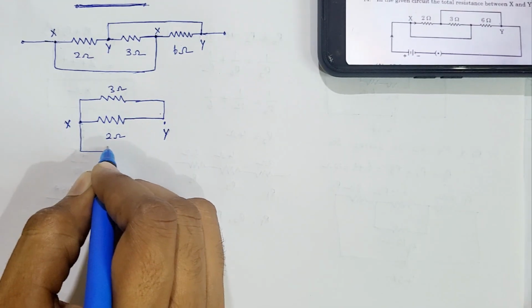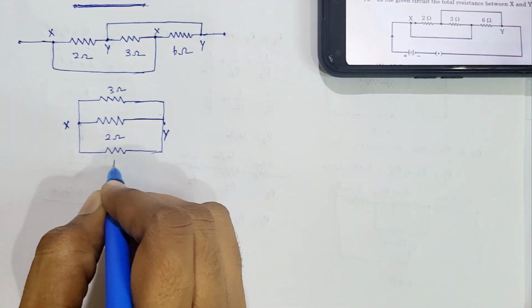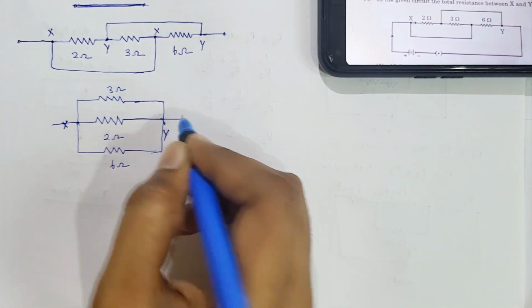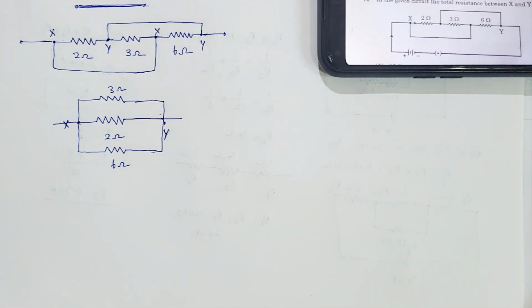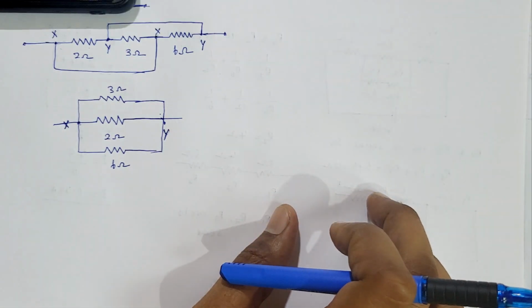Again from X to Y, 6 ohm is connected. This is X terminal and this is Y terminal. How are they connected? They all are connected in parallel. So now you know how to solve the parallel connection.